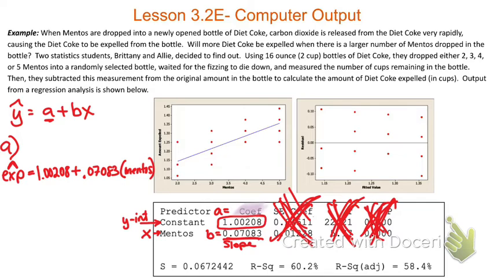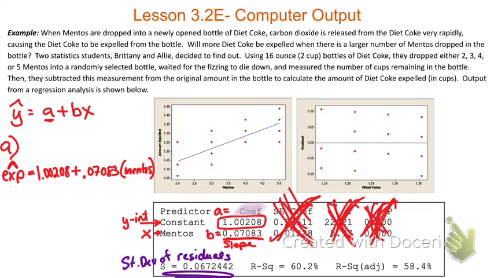All right, so down here, these should look familiar. What is S? What does S stand for? We learned that last Thursday. Standard deviation of residuals. This is our standard deviation of the residuals. Here's what it means.